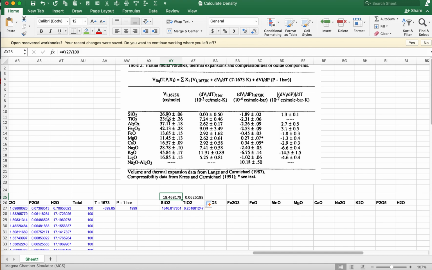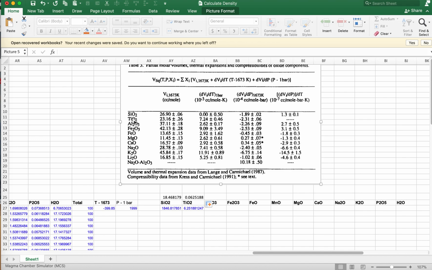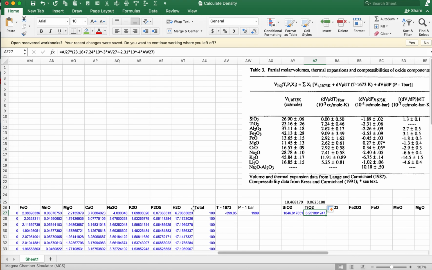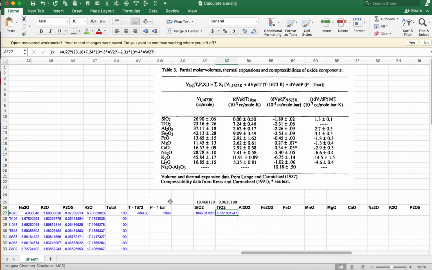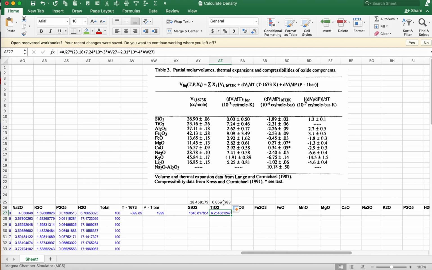For titanium, if we had 1 mole of pure titanium oxide, TiO2, it would take up 23.16 cubic centimeters, but we just have a little bit of titanium. It is just 0.31% of the whole system, so it just takes up 0.06 cubic centimeters in this mixture.